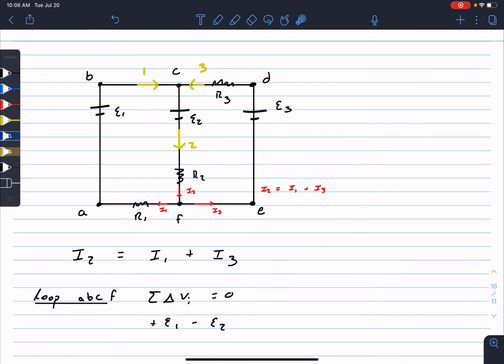And we continue going down, going with the current 2 through the resistor. That's going to be negative R2 times I2. And then the same thing happens here, going with the current through the resistor: negative R1 I1. This is all equal to 0.